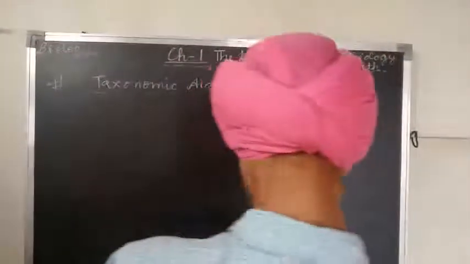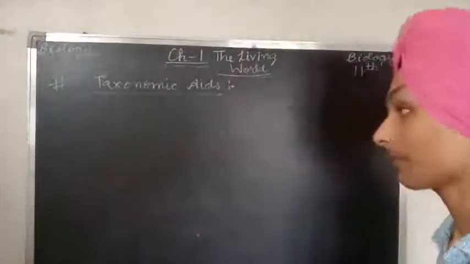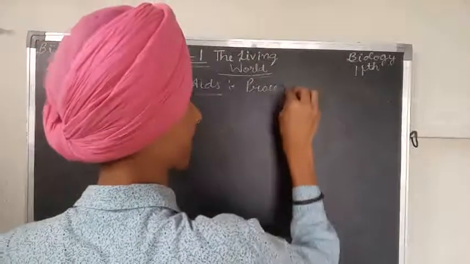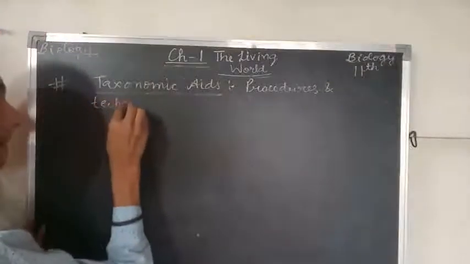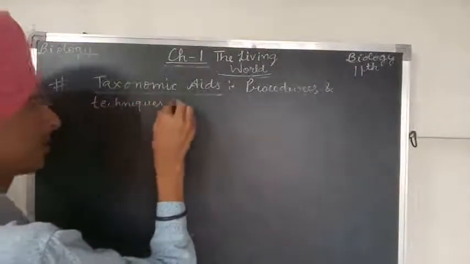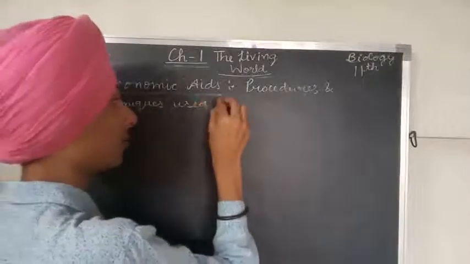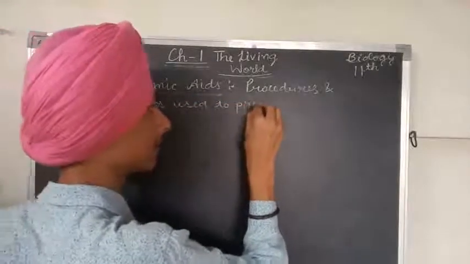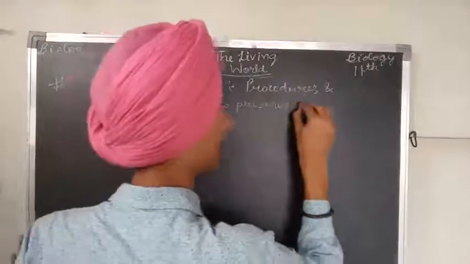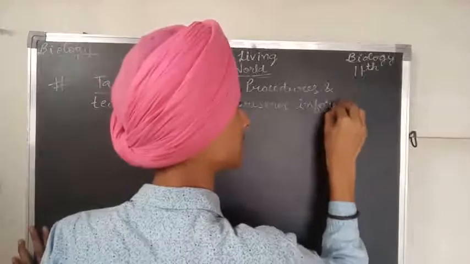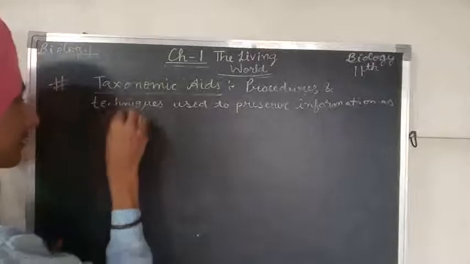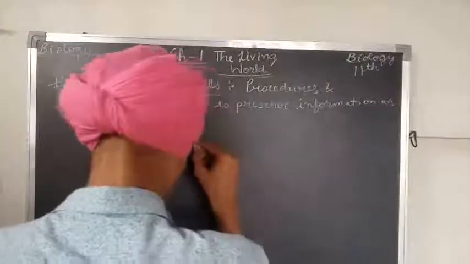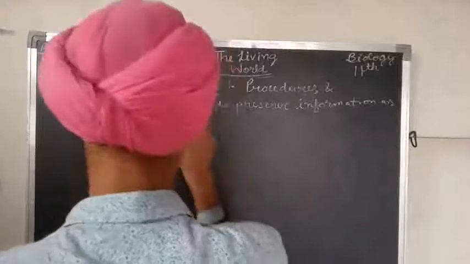Taxonomic aids are procedures and techniques used to preserve information as well as specimens.